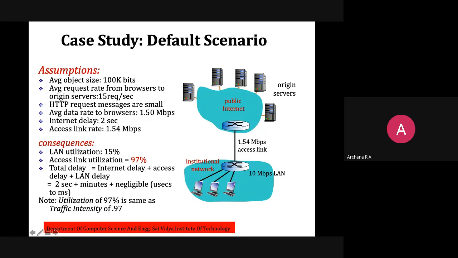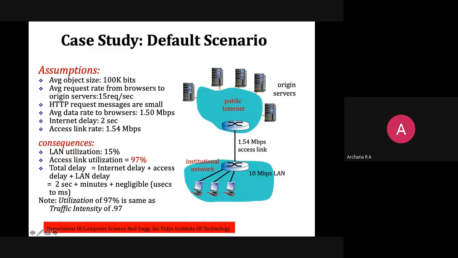I already told you that the internet delay is nothing but the delay between the router and the internet, whereas the access delay is the delay between the routers. See here, the routers that exist between the client and the server. The LAN delay is the delay with respect to your local area network.